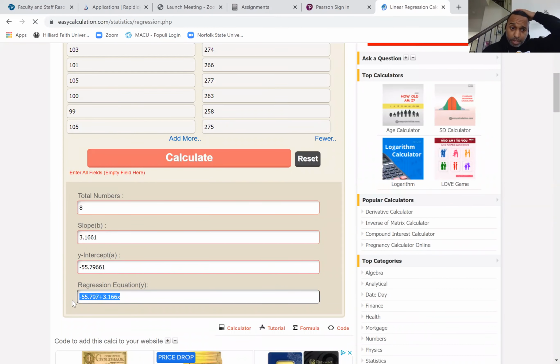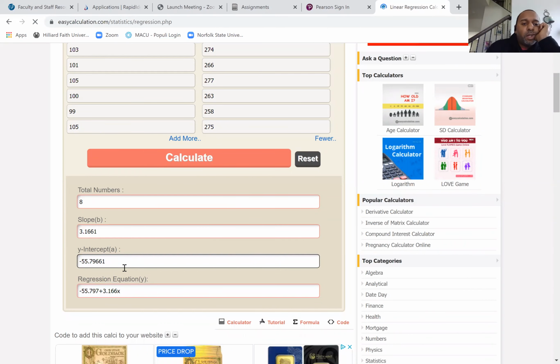You see our regression line right here. Also, they separate it. If MATLAB asks you separately what's the slope, it's always the number that's going to sit in front of your x or attached to your x. That's right here, and notice it's right here as well. And then your y-intercept is the other number. That's right here, which is right here as well.